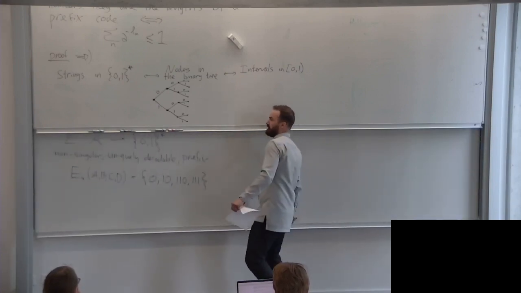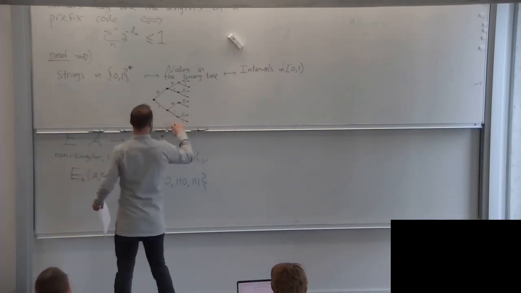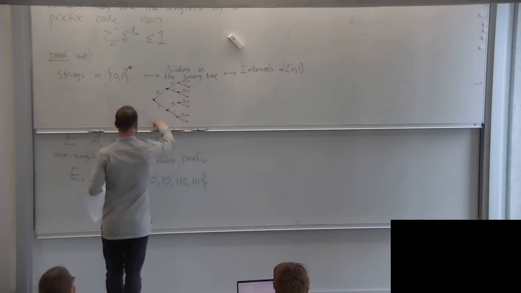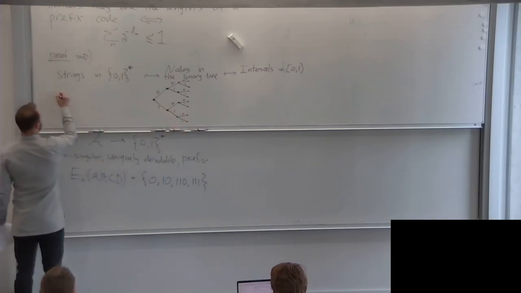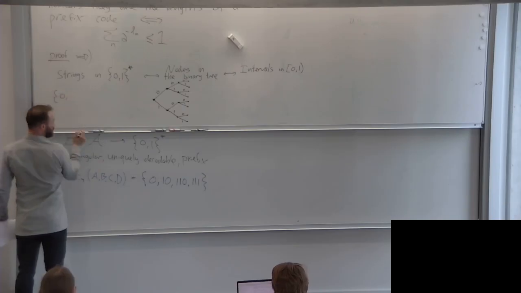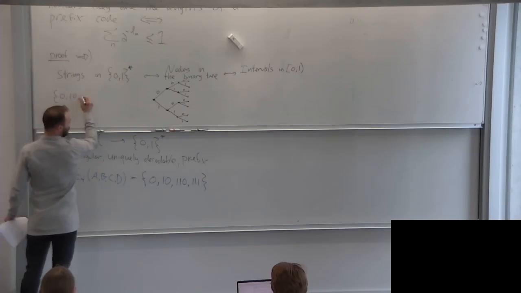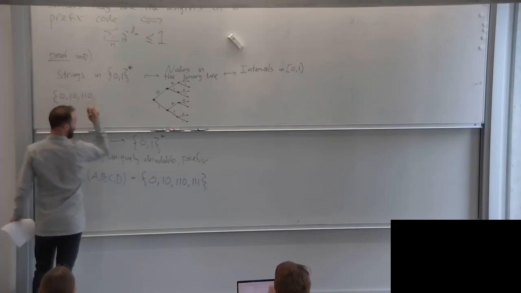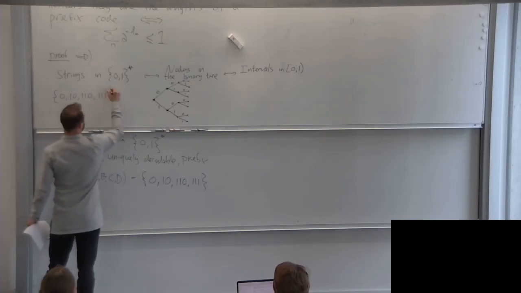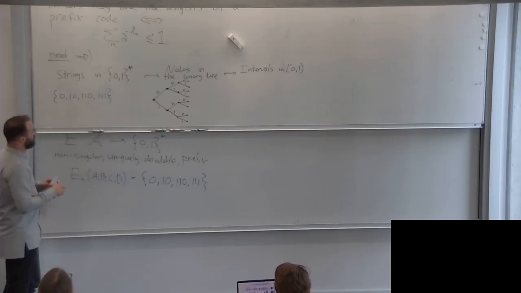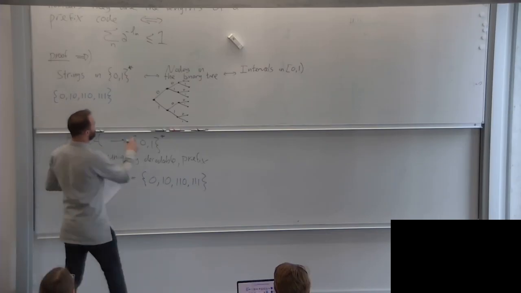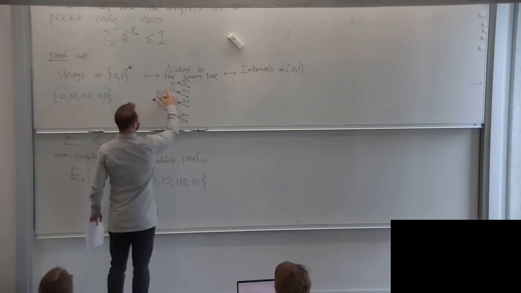So in the case of E4, we had, I'm going to write in blue, this was the set 0, 1 0, 1 1 0, and 1 1 1. Let me put the nodes in blue. 0 is this one.